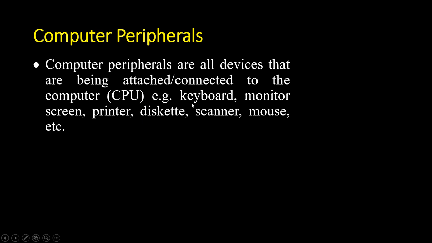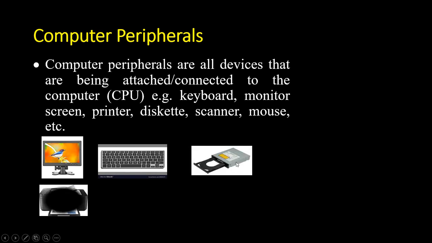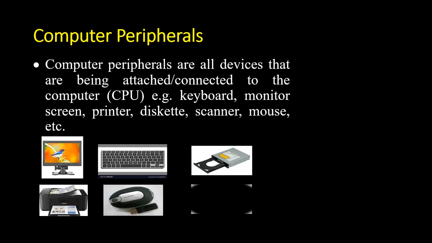Examples are the keyboard, monitor, screen, printer, diskette, scanner, mouse. This one is a screen. This is just a keyboard. This is just a drive. A printer, a mouse. These are peripherals.